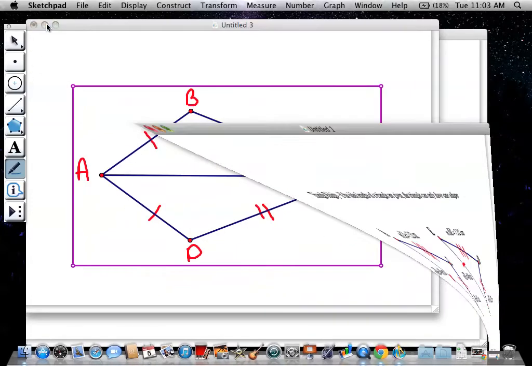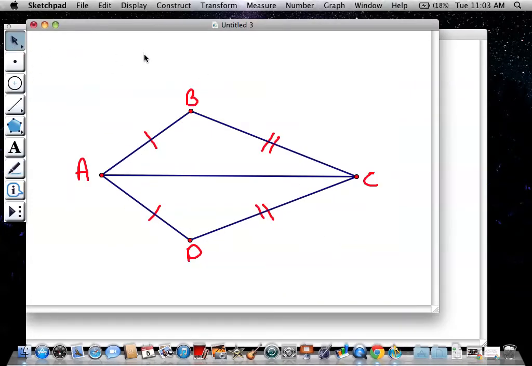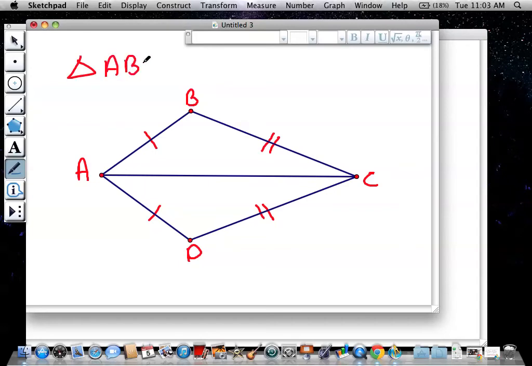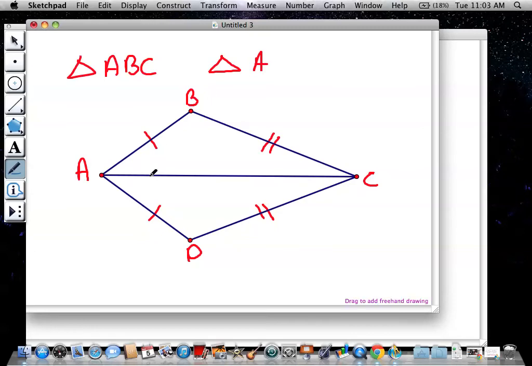So let's look at an example. We have two triangles here. We have triangle ABC. Okay, so we're going to see if it is congruent to triangle, we'll start off with A. So A, D pairs up with B, and then C pairs up with C. So I know that AB is congruent to AD, and BC is congruent to DC.